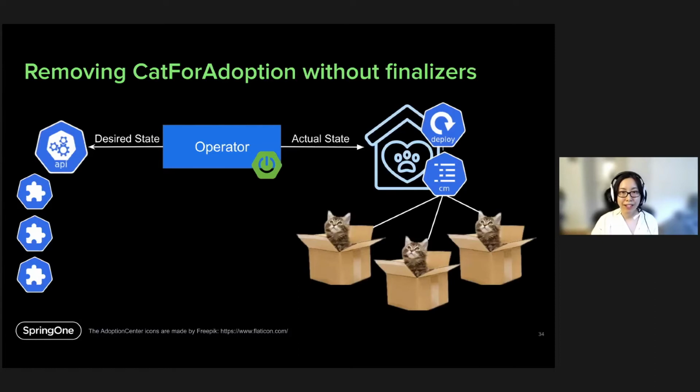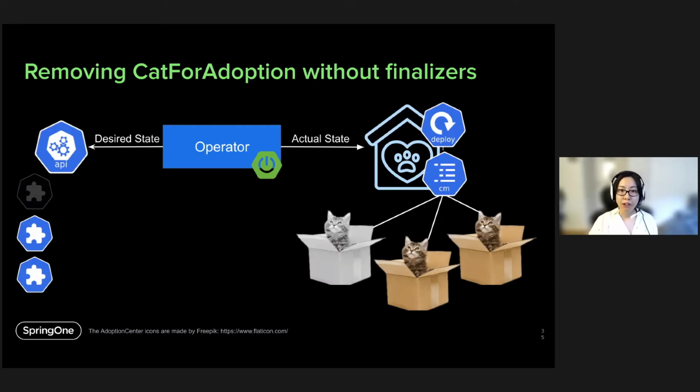Imagine you have 3 cats registered with this adoption center, and the 3 puzzle pieces on the left are custom resources representing them in Kubernetes API server. When a cat resource is removed, say this top puzzle icon is removed because the cat has been adopted, we need to make sure in the actual state on the right, the grayed out cat information is no longer showing in that adoption center's endpoint.